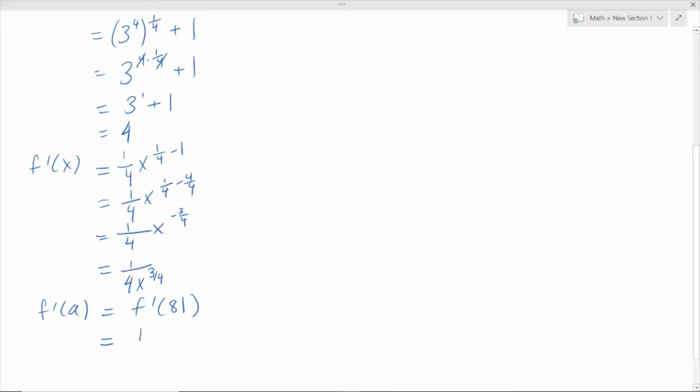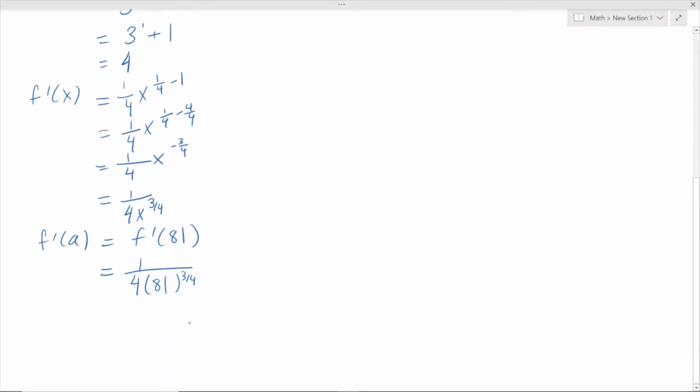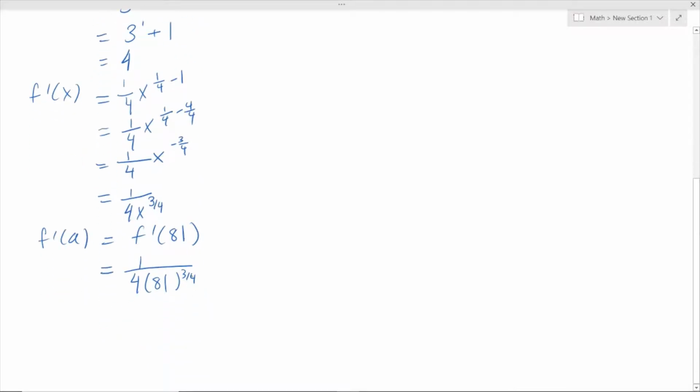So 1 over 4 times 81 to the exponent of 3 over 4. And we know that 81 is equal to 3 to the exponent 4. So we're going to rewrite it as such. We're just copying this here, so we're plugging it in.